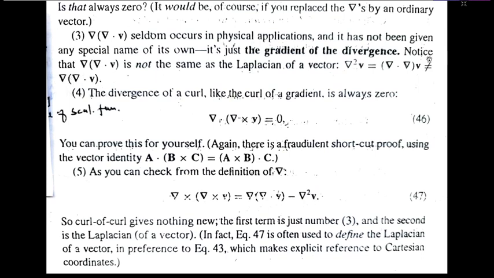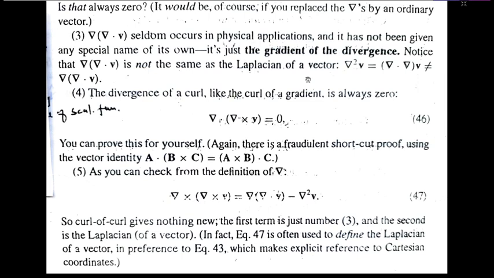If you look at it minutely, del dot del is itself a scalar, and that second derivative is applied on v, so that is what Laplacian means. Over here, del dot v is the scalar, and on this scalar you are applying the gradient, because to have the gradient one should have a scalar quantity. So in a nutshell, the gradient of a divergence is quite different from the Laplacian.